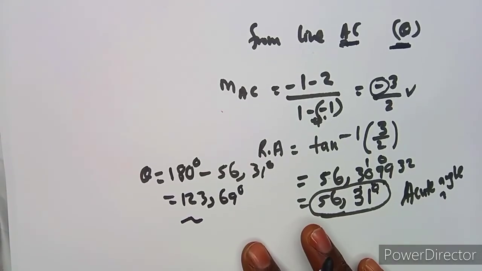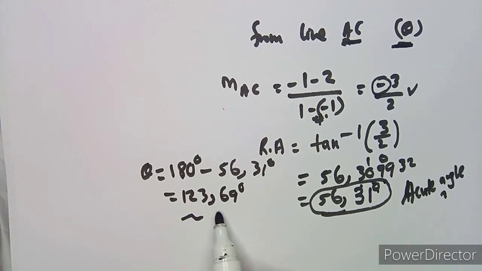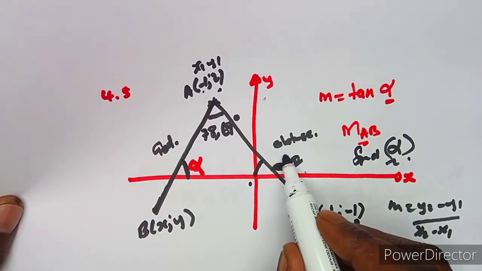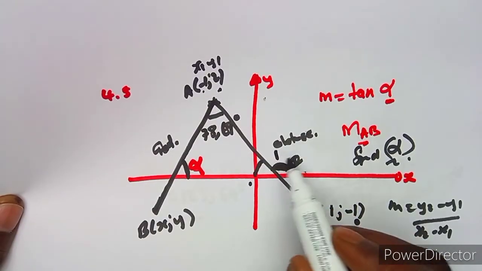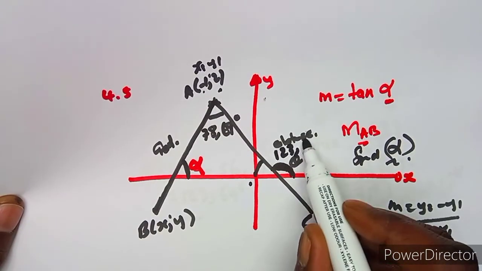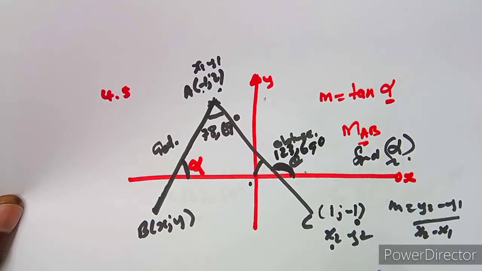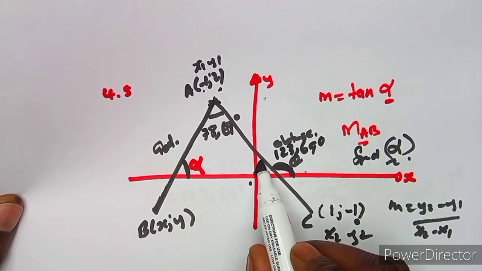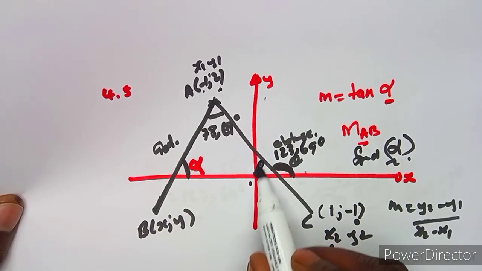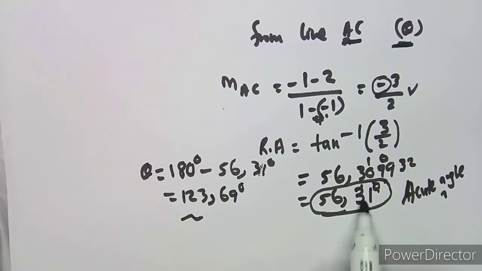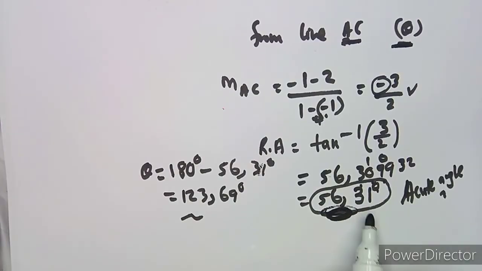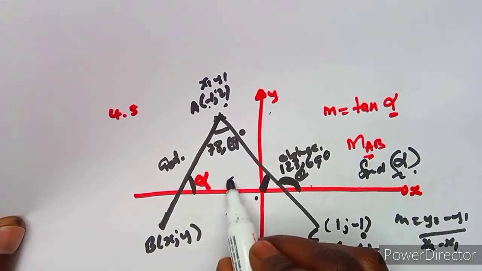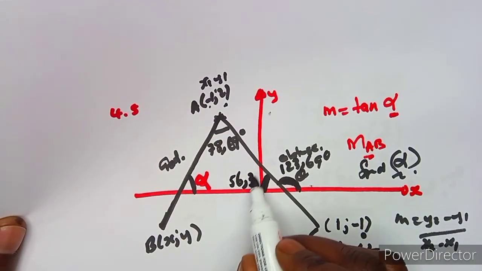This is what you're going to have there. So this angle that we have obtained, 123,69 degrees, is the one here outside of the diagram. As you can see, there was no need of us having this, because we still have to subtract again from 180 to find this angle inside the shape, and if you subtract from 180, you come back to 56,31.